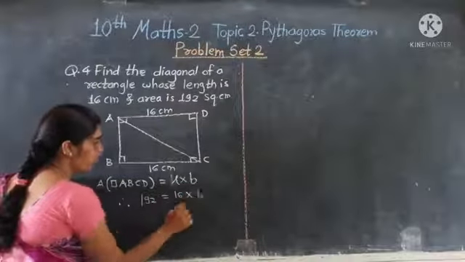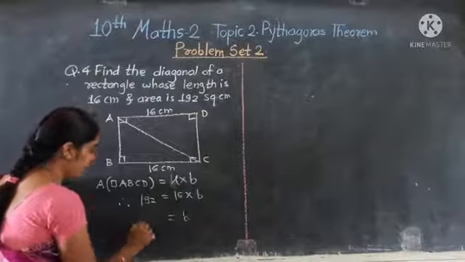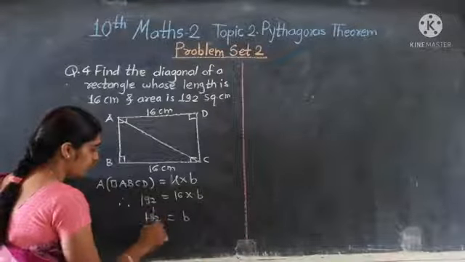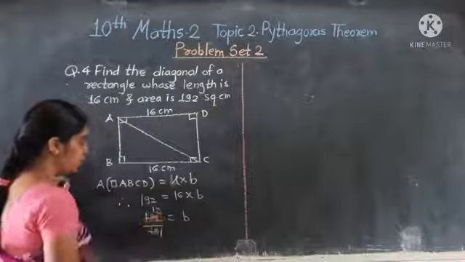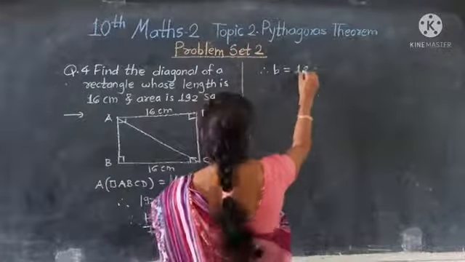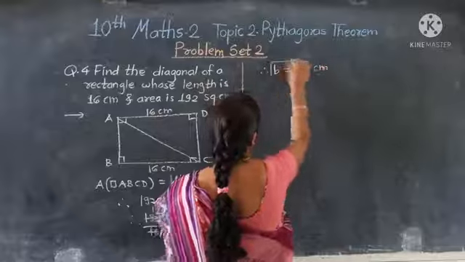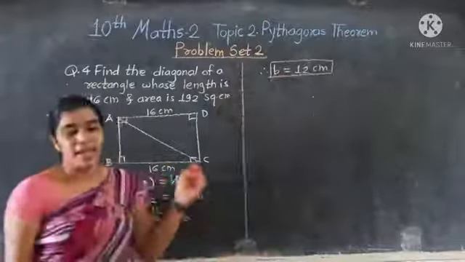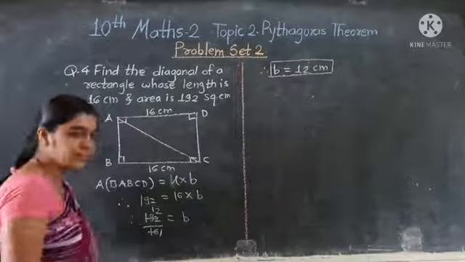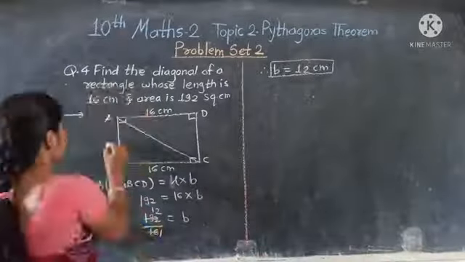We find breadth. So we get breadth as 192 upon 16. 16 1 is 16, remains 3. 16 2 is 32. So we get breadth as 12 centimeter.